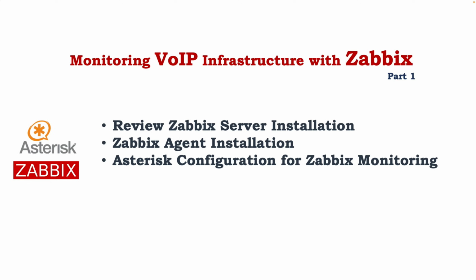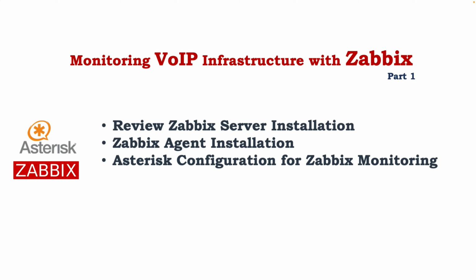Then we will configure our Asterisk, because the next step is that we want to use the Zabbix monitoring system to monitor my Asterisk metrics. Metrics such as, for example, Asterisk uptime, or if my Asterisk process is running or not, or for example, how many channels do I have right now, and how many PJSIP endpoints do I have.